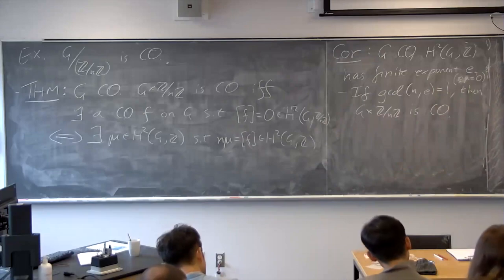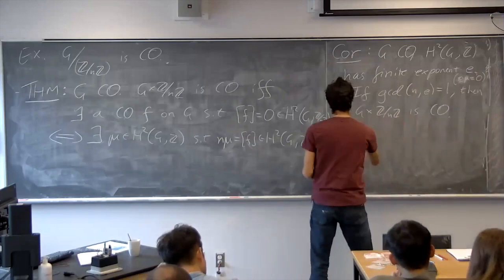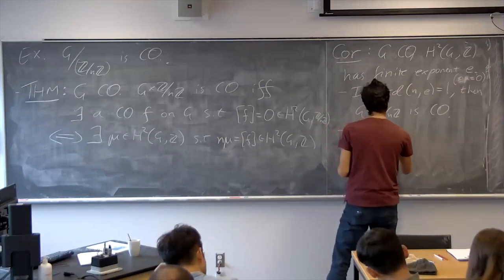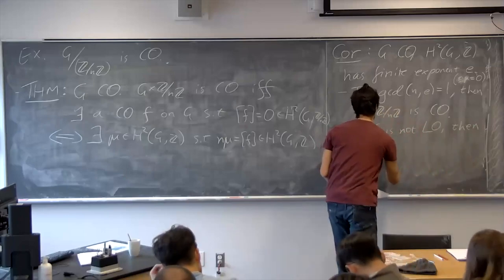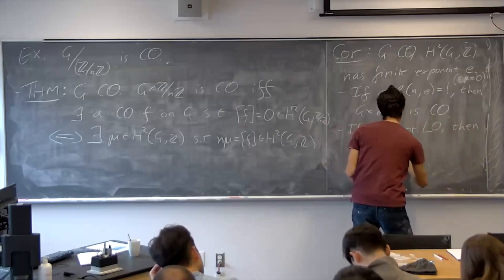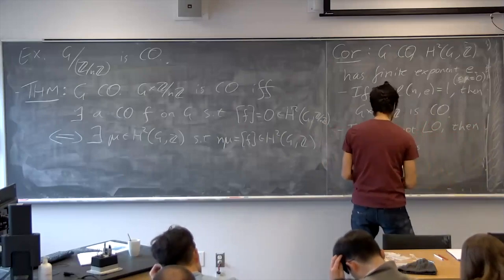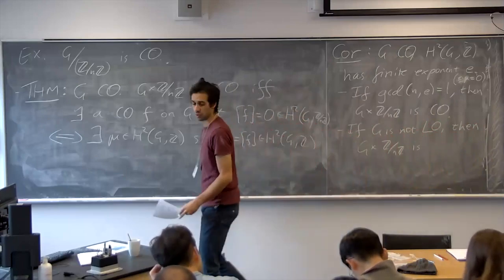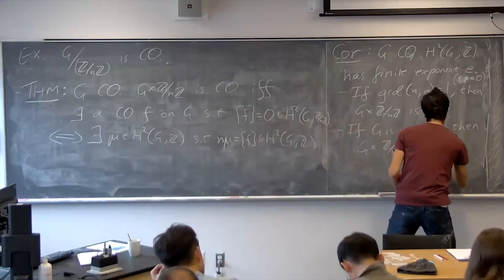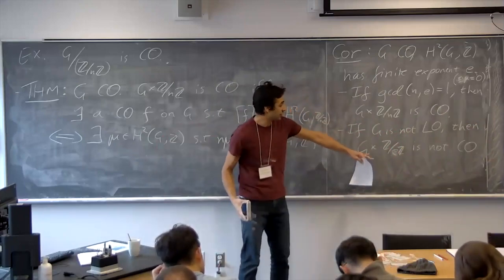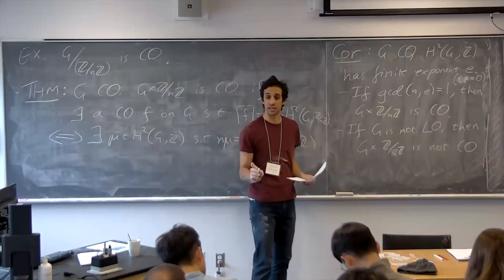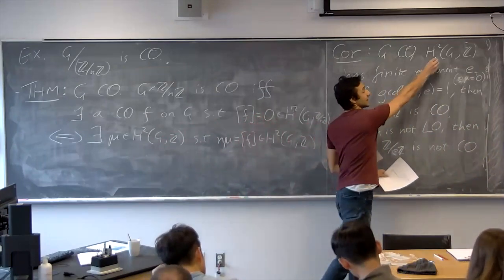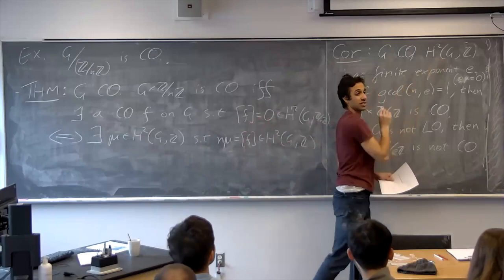The other corollary you get is that if G is not LO, then G cross Z mod EZ is not CO. If you're not left orderable, that means there is no circular ordering that lives in the trivial cohomology class.